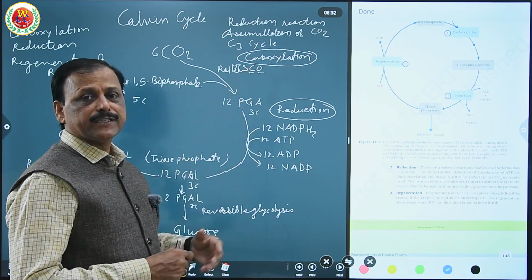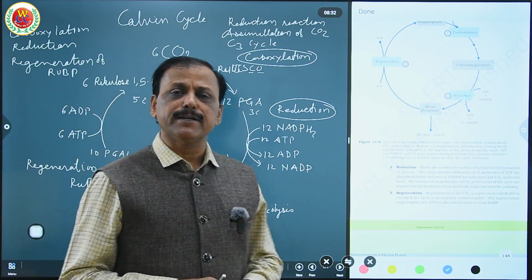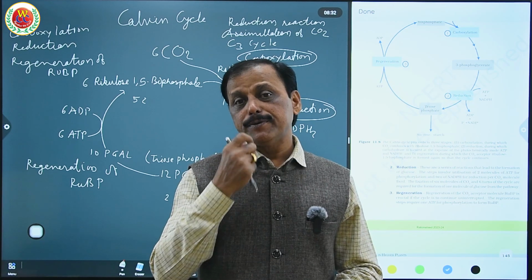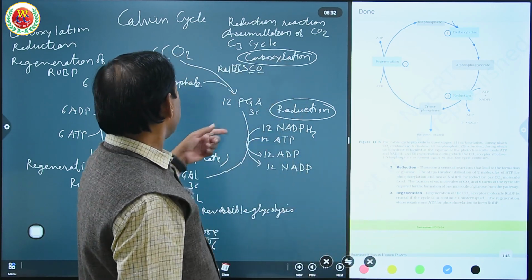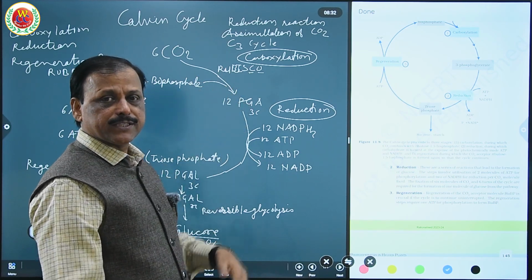This process is known as carboxylation. Or a question can be asked, what is Calvin cycle? Explain in detail. So we have to give the definition: cyclic regeneration of RUBP to absorb the atmospheric carbon dioxide and produce PGA is known as Calvin cycle.